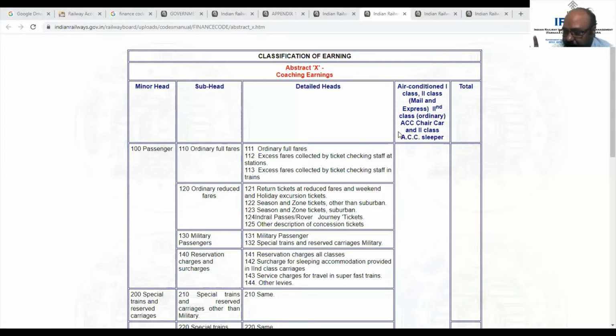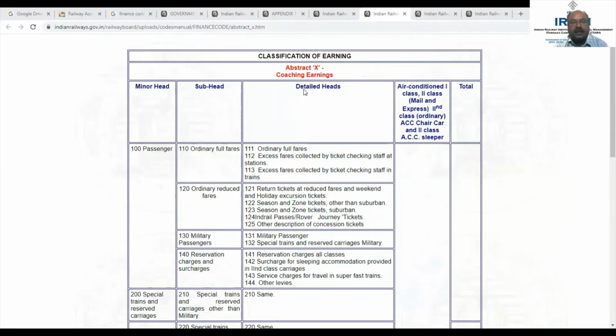There is only one primary unit, that is 99, except for the recovery of NPS contribution, where we have to operate PU08. PU08 is operated for recovery of government contribution under demand number 30. Here primary unit 99 is used for all earnings.